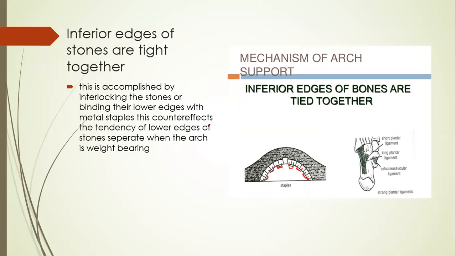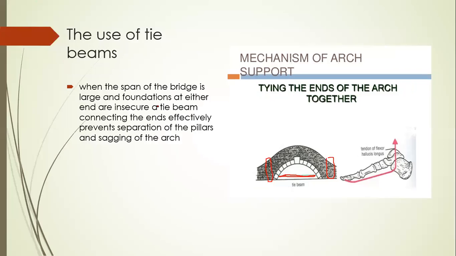The binding stones in the foot are the ligaments of the foot, which hold the structure of the arch. The third is the tie beams. This is also important to hold the structure of the arch.